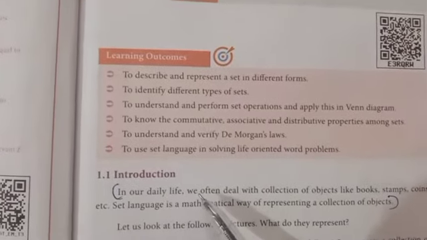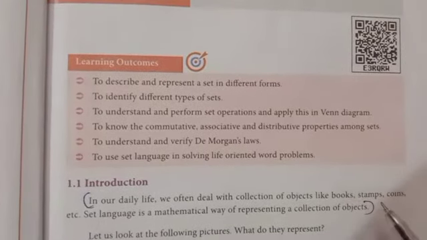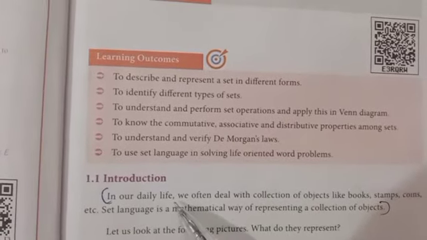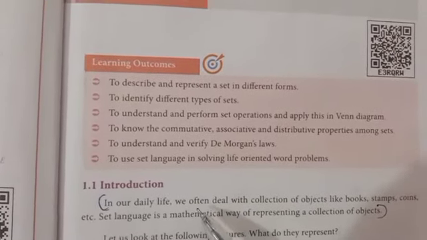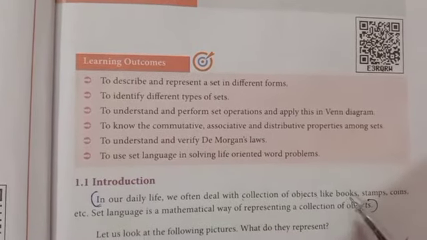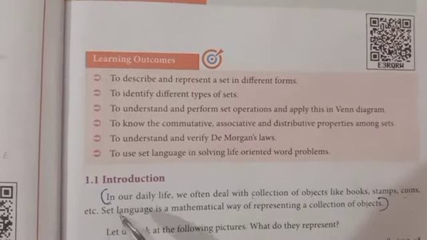In our daily life, we often deal with a collection of objects like books, stamps, coins, etc. Normally, we collect some of the objects, like a collection of books, stamps, coins. Mathematically, we use the word set language.